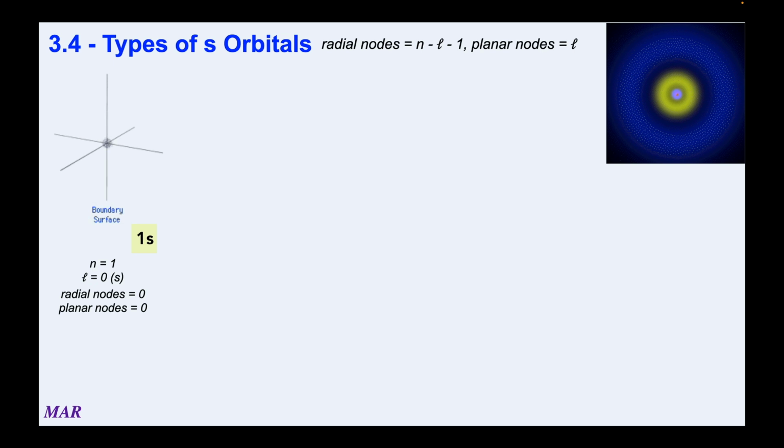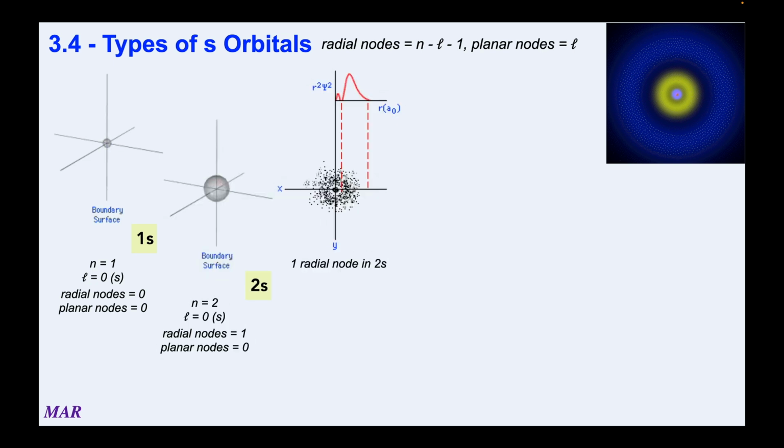On the left-hand side is a 1s orbital, and you can see it's pretty small. It has 0 radial or spherical nodes and 0 planar nodes, not too much happening. If you go to the bigger 2s, though, then you can see right away it is, first of all, a bigger orbital, I should say. It's bigger than the 1s. This has, though, one spherical node.